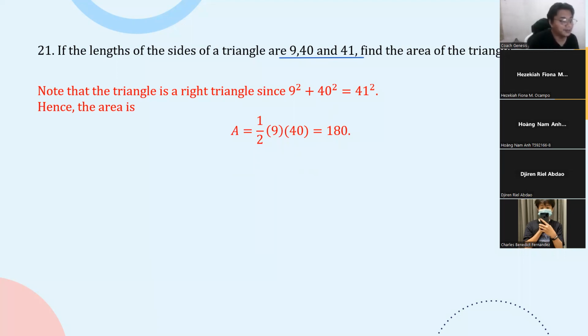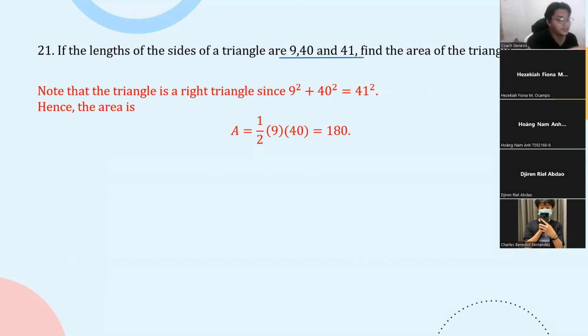If you are familiar also with multiples of Pythagorean triples, like let's say 15, 20, 25. Yeah, you can use Heron's formula, but it is beneficial to familiarize Pythagorean triples.